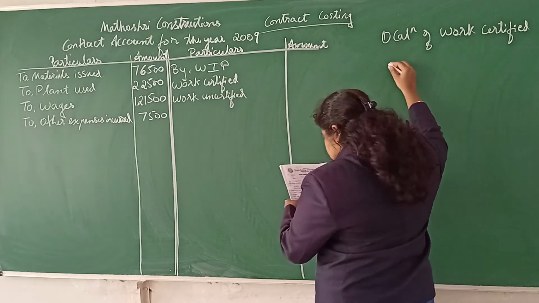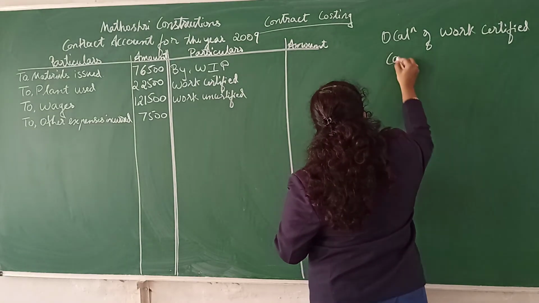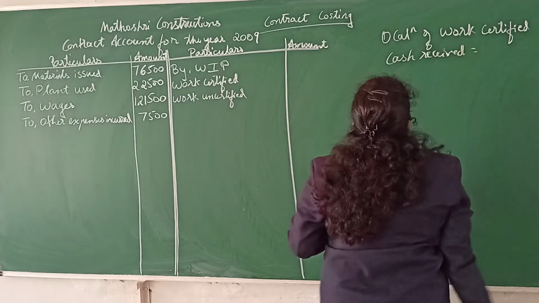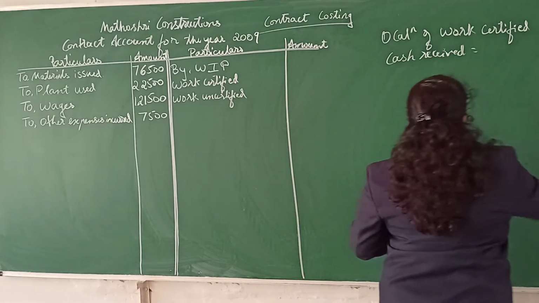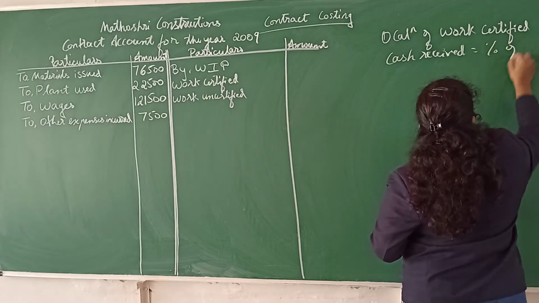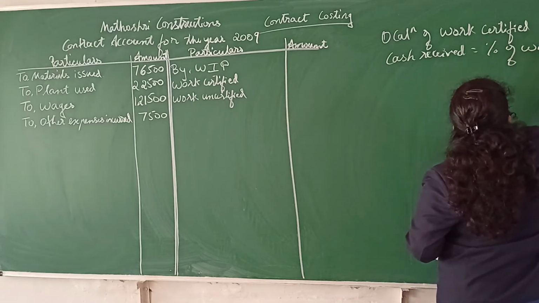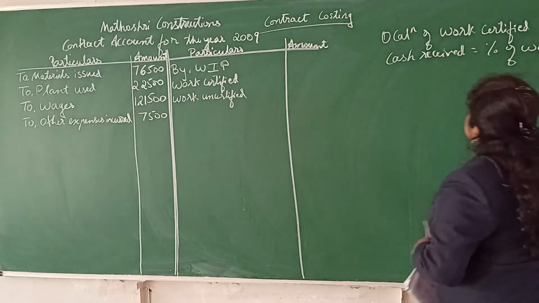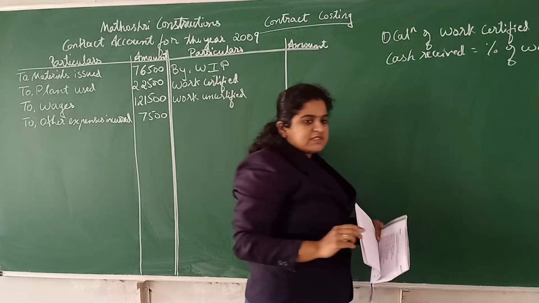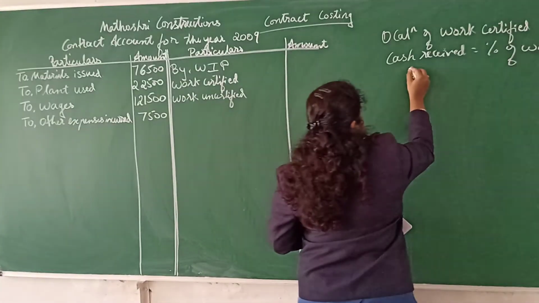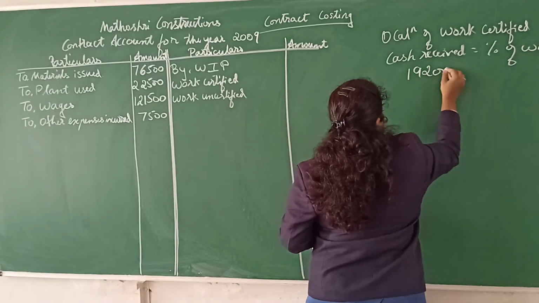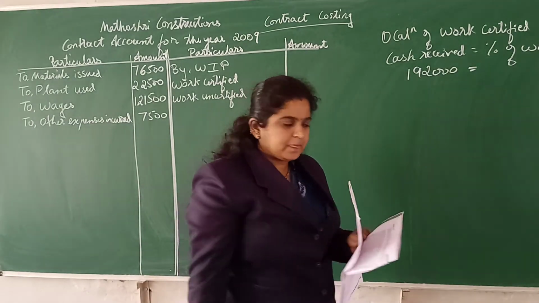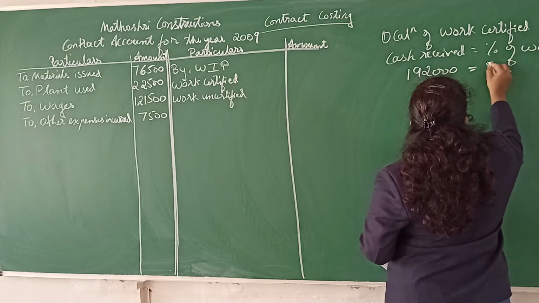So the formula is cash received equals percentage of work certified. Cash received they have already given, that is 1,92,000, equals the percentage given, 80% of work certified.